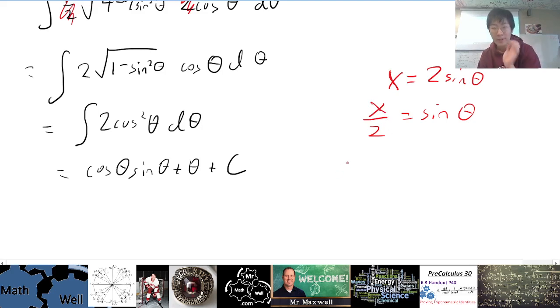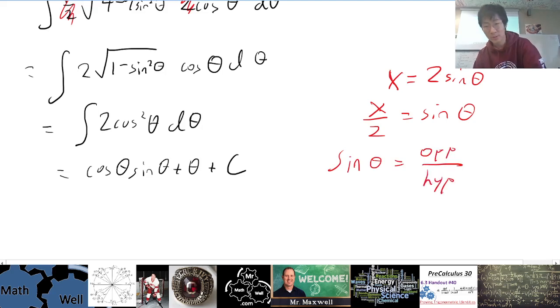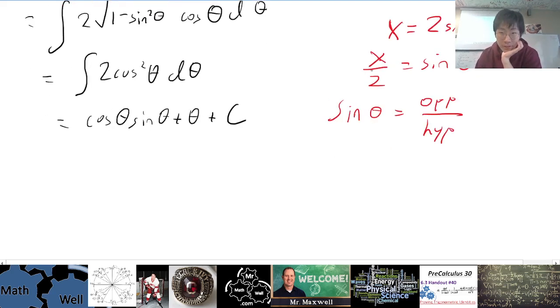Let's remember from basic trigonometry that sine of theta is equal to opposite over hypotenuse, or SOHCAHTOA, right? So if we have x over 2 equals sine theta, then x must be our opposite, and 2 must be our hypotenuse.